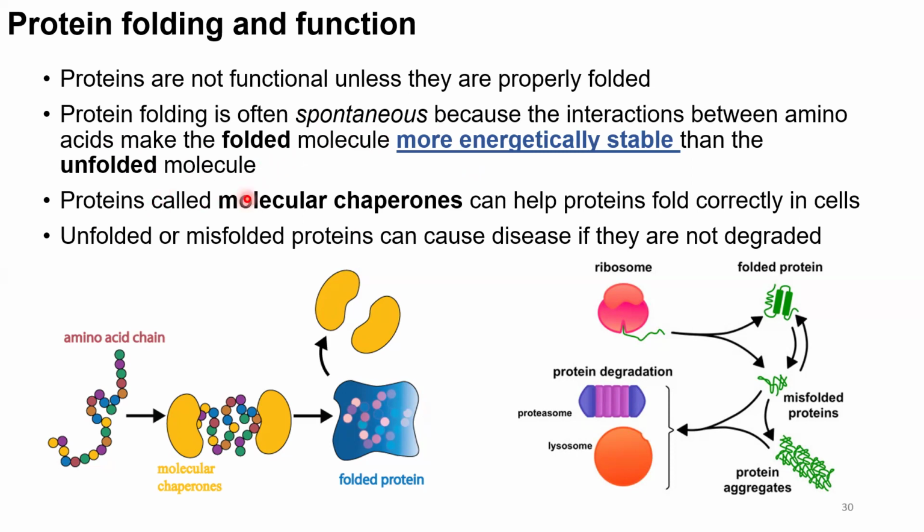So we have some proteins that are actually there to help proteins fold correctly within the cells, and these proteins are called molecular chaperones. They're like, okay, people, get it together. We need to move around and keep it all together and fold correctly, or we're gonna be having nightmares for like a million years.